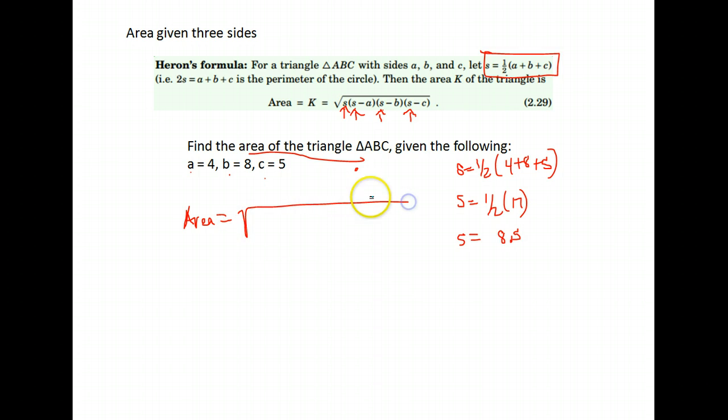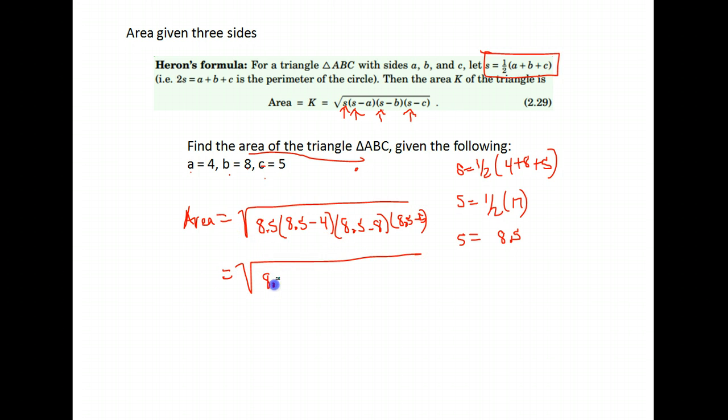According to the formula, the area is going to be that S, which I just found, 8.5, times that S, 8.5, minus A, so 8.5 minus 4, times 8.5 minus B, which was 8, times 8.5 minus C, which was 5. Okay, just simplify that a little. That gives me 8.5 times 4.5 times 0.5 times 3.5.